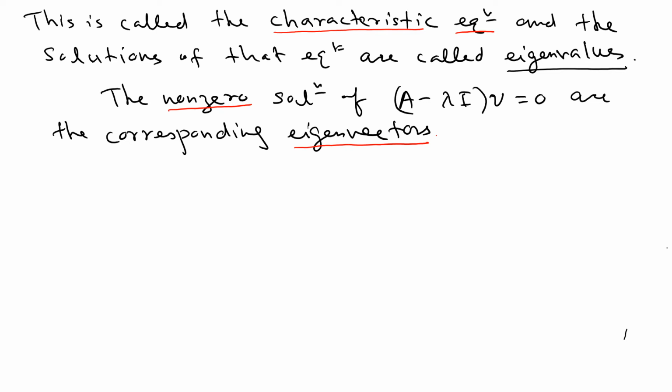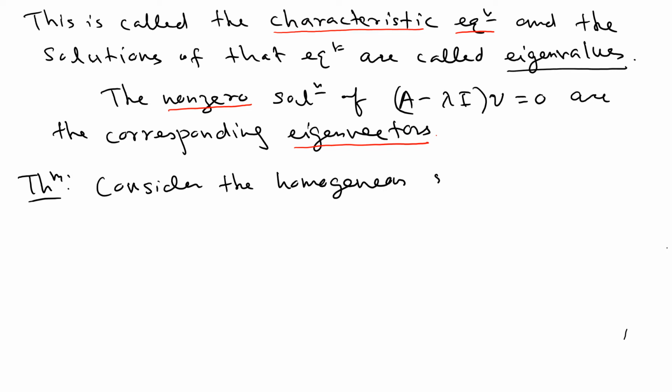And then let's write this very important theorem. This is the main theorem of this method. So the theorem says: consider the homogeneous system x prime equals Ax, where A is the system matrix.